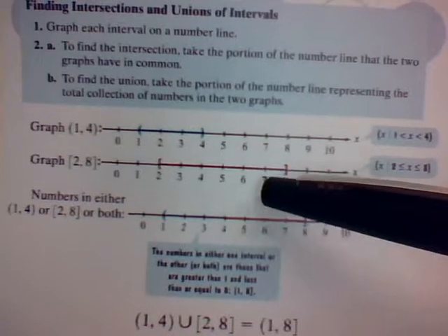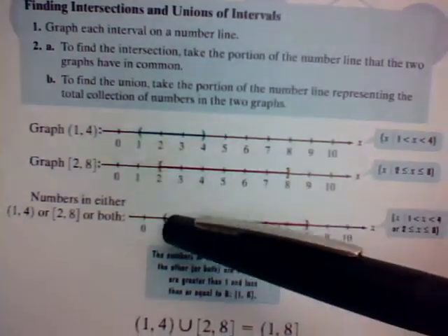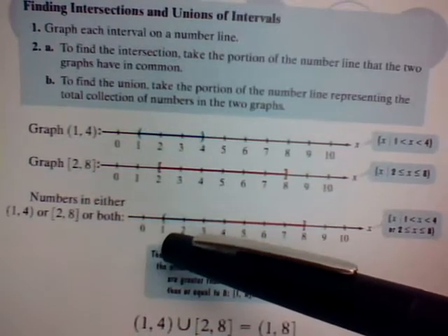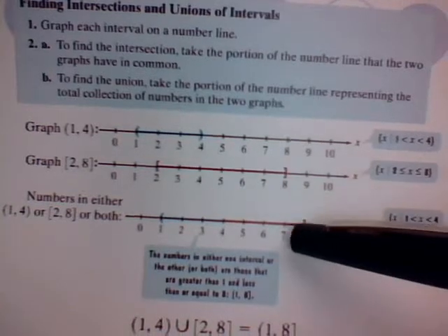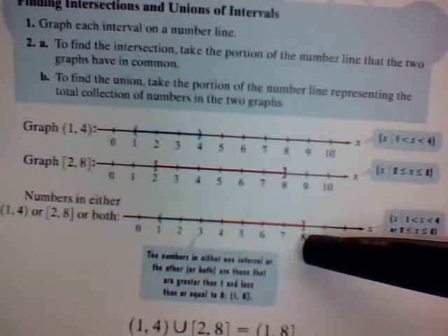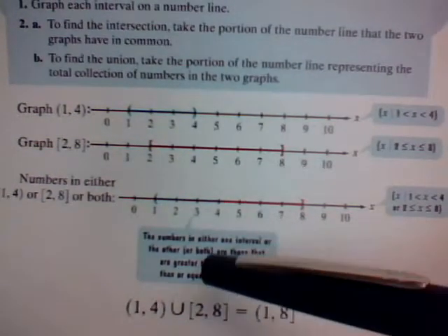Now we're going to put the two together. The one farthest to the left is 1, and it's not included, so you'll use the left parenthesis. Farthest to the right is 8, and we'll use a bracket there.